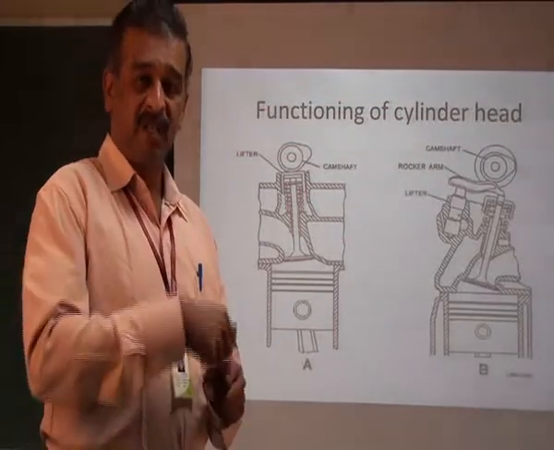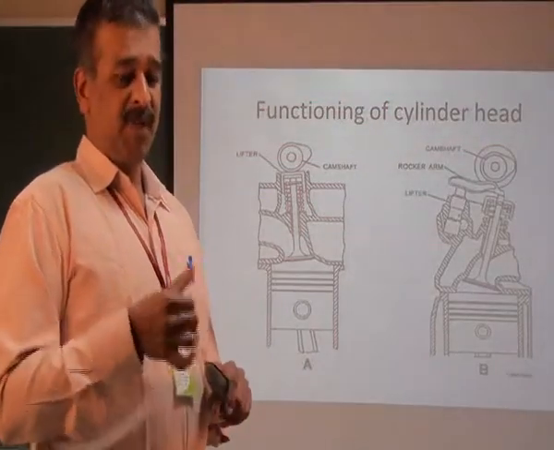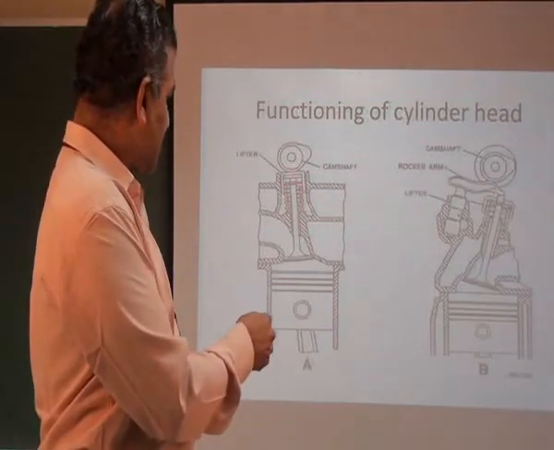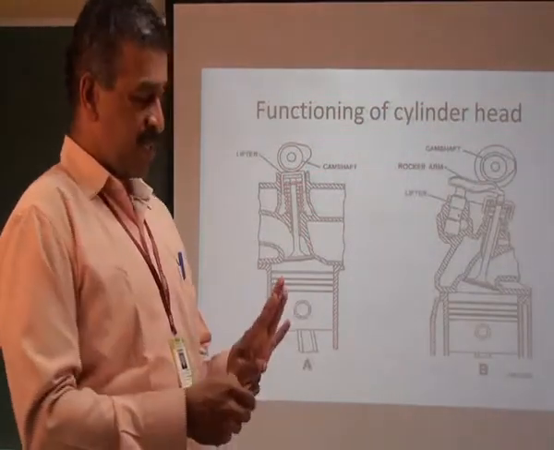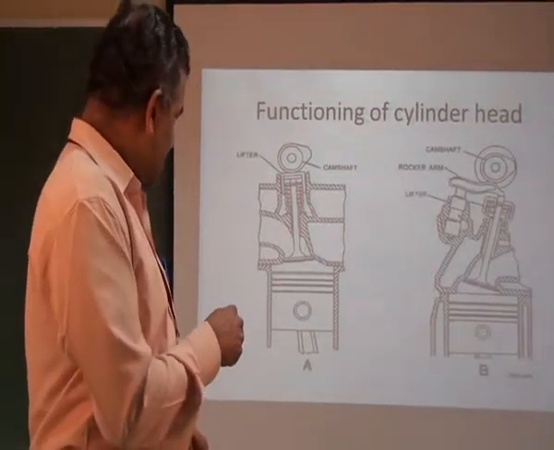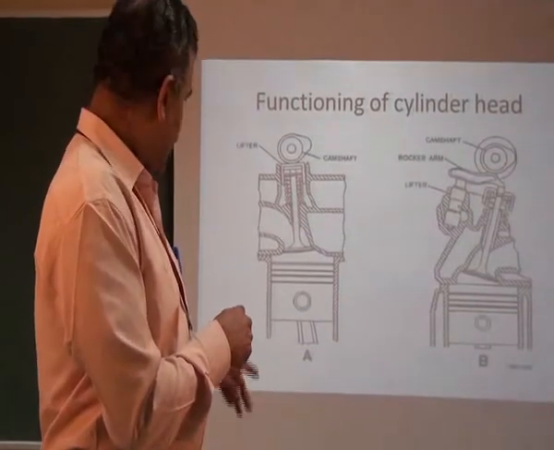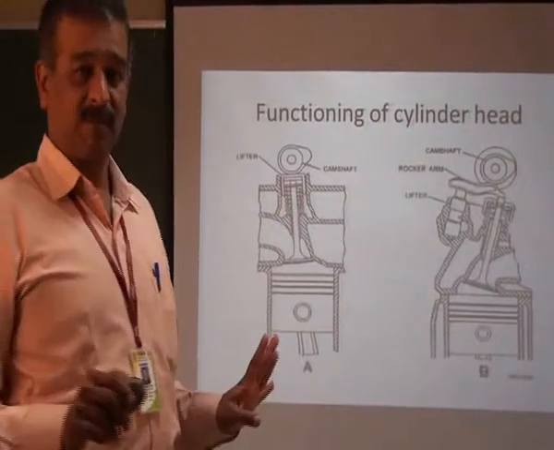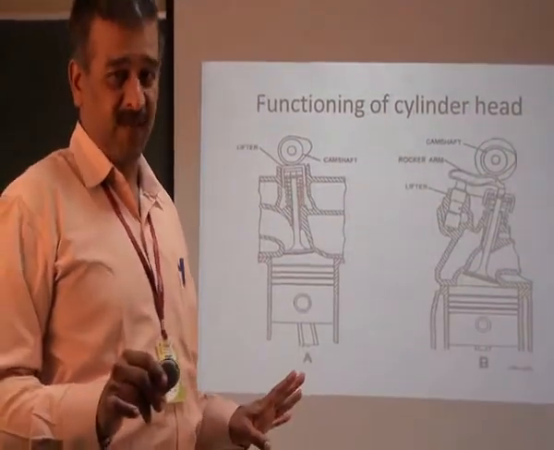Always the valve will be in the closed condition. Simply by applying a slight pressure over this surface, this will move the valve downwards and allow anything to come through inside it. That's all. That's the main function of the valve.